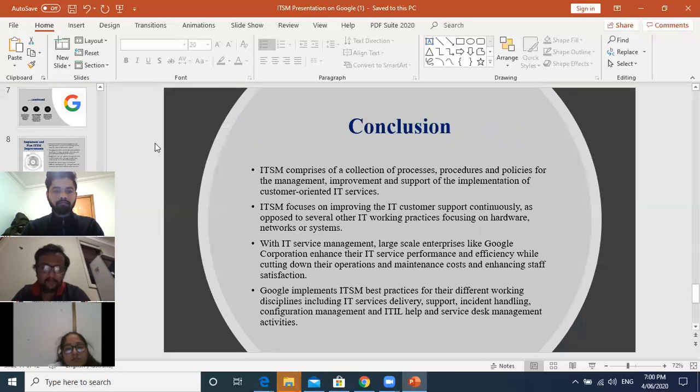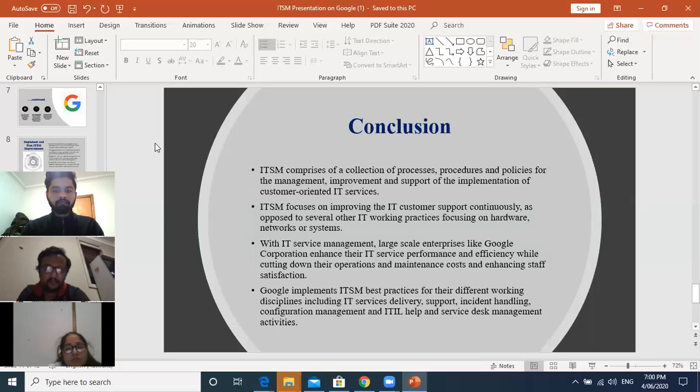And the final slide we have here is the conclusion. And so these are the conclusions which we have included in our report. The first one is ITSM comprises a collection of procedures, policies, and management for the management and improvement of the implementation of customer-oriented IT services.